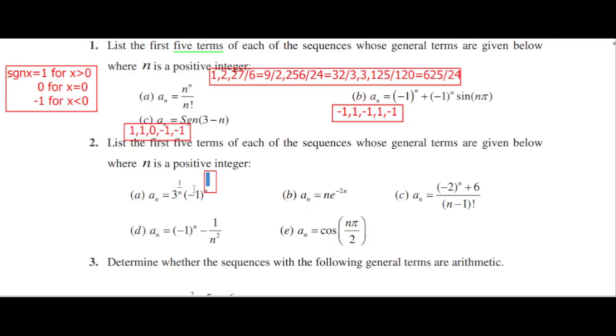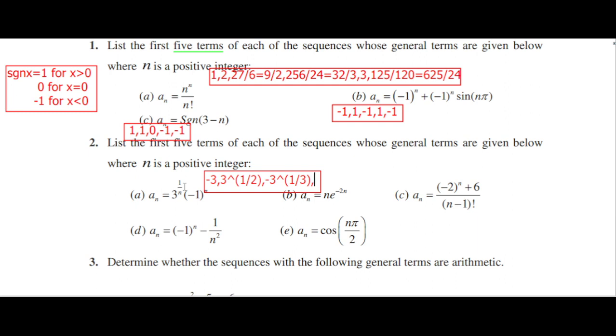If you substitute 1 here, minus 1 to the power of 1 is minus 1, so the first term is minus 3 to the power of 1 over 1, comma. The second term is positive, so 3 to the power of 1 over 2. Next term, let's substitute 3: minus 1 to the power of 3 is minus, so minus 3 to the power of 1 over 3, comma.